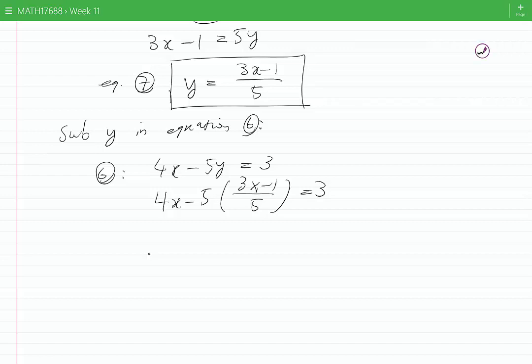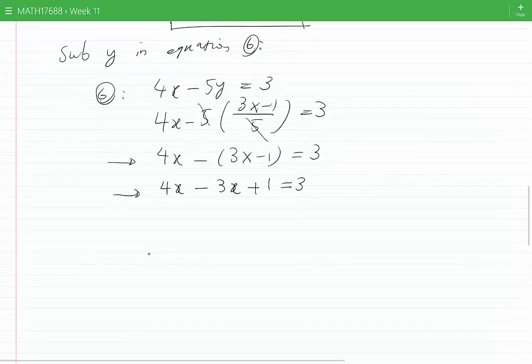The 5 here and the 5 in the denominator cancel out, and if you simplify the equation, you would get 4x minus 3x minus 1 is equal to 3, which you can simplify further to 4x minus 3x plus 1 is equal to 3, which simplifies to x is equal to 2.